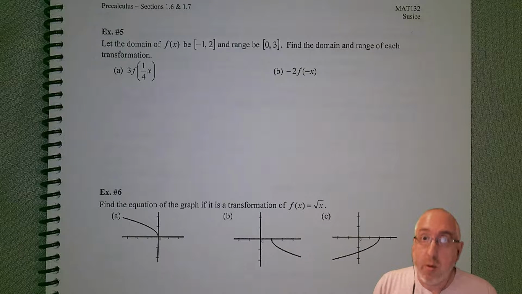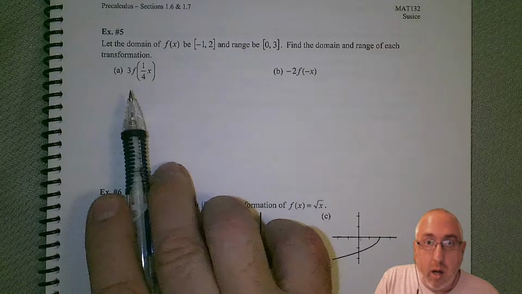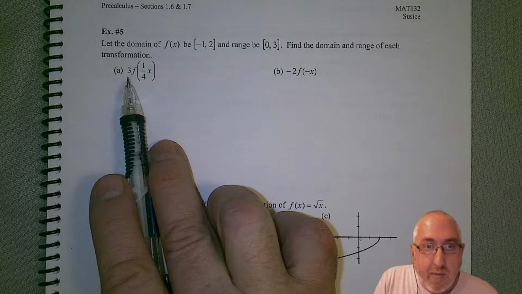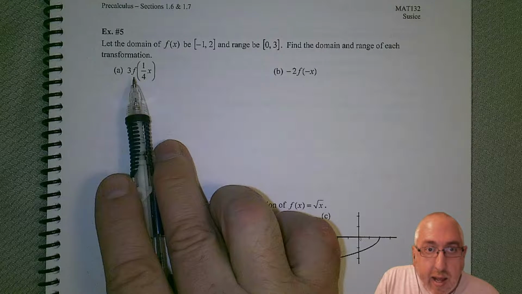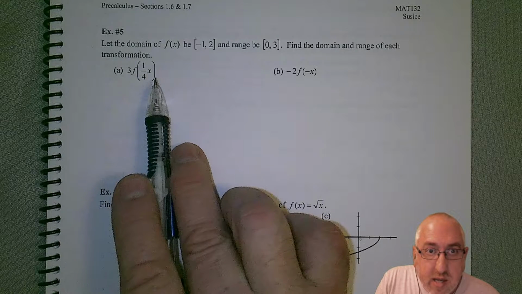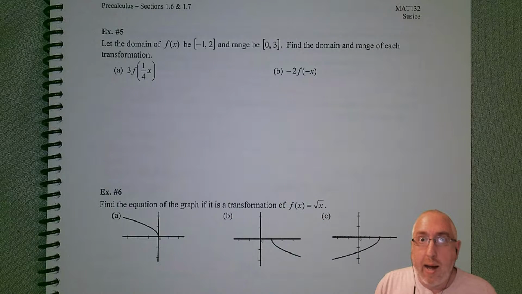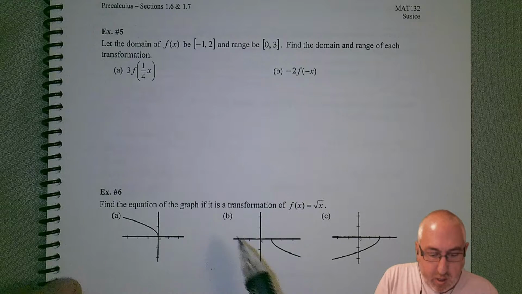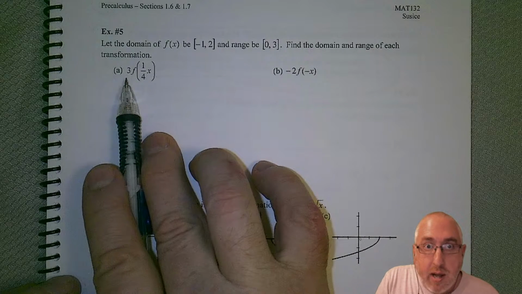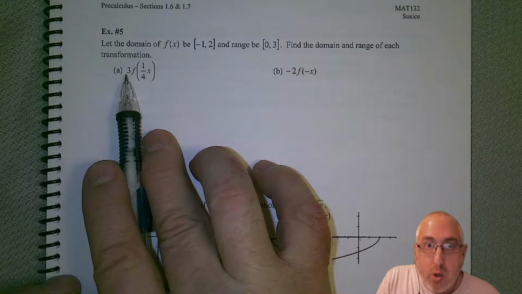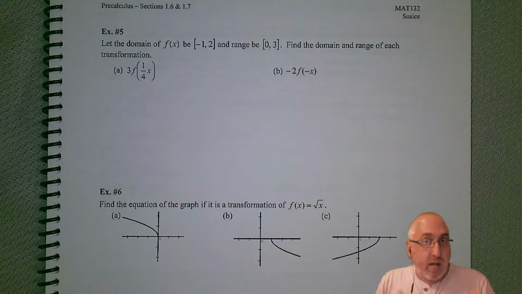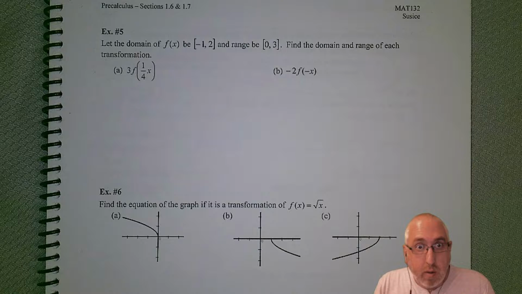So now the question is what happens to those under various transformations? So if we have a 3 in front and we have a 1/4 on the inside next to the x, what happens? Well, we have to think about this a little bit. The 3 on the outside is going to be affecting the f. Remember, f is another way to say that's the y value.